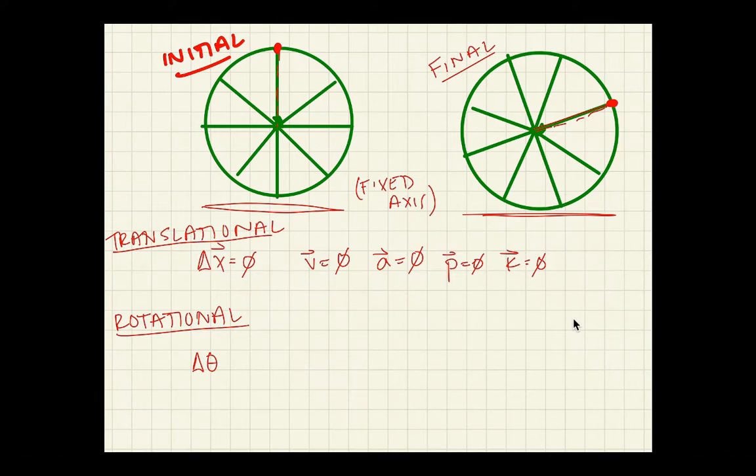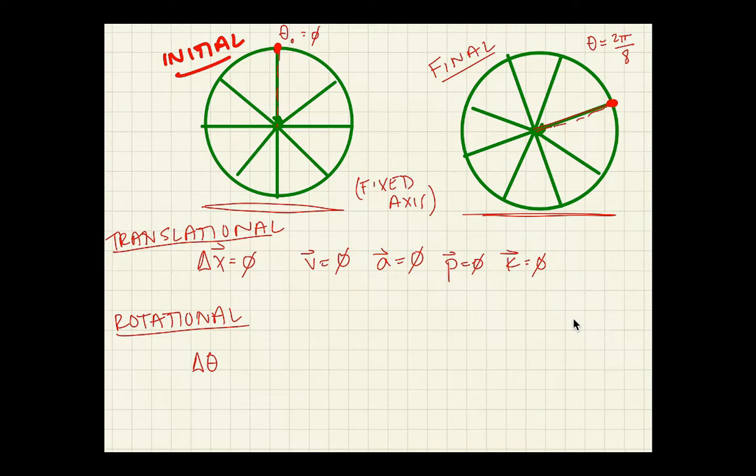If we were to define, say, this initial position, theta naught equals 0, then this is now theta equals the full circle, which would be 2 pi radians divided by, what do I have here? 8 radians. Right?